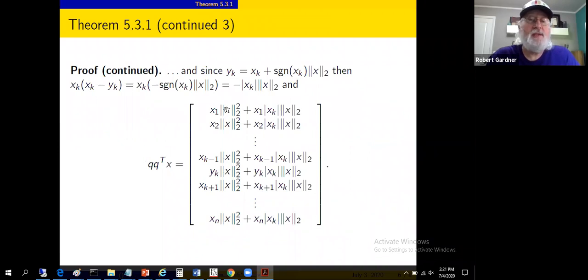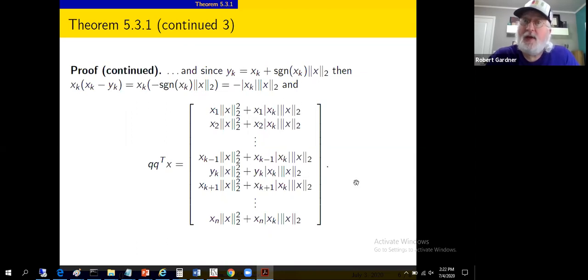So we replace the x sub k times x sub k minus y sub k with this. And sure enough, we've got an absolute value of x sub k times a norm of x throughout the right-hand part. Also, there's a negative, and we had a negative in front of the right-hand part on the previous slide. So we could change that to a positive. So q transpose x is this thing here.